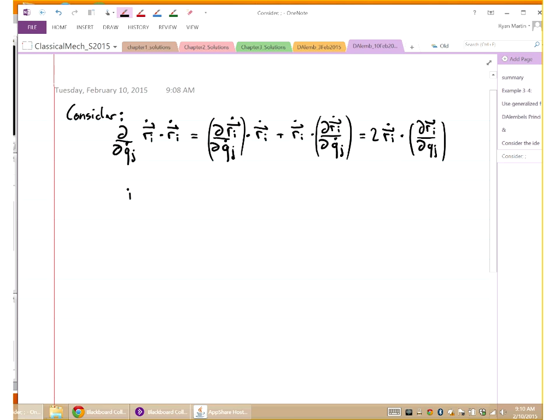So that allows me to rewrite this: ṙ_i dotted with ∂ṙ_i/∂q̇_j is equal to a half of ∂/∂q̇_j of ṙ_i dotted with ṙ_i.